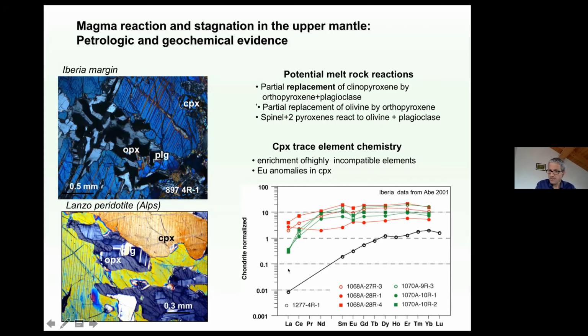And you could also see that the highly incompatible elements on this diagram, now indicated by the light rare earth elements lanthanum and cerium, are increasing in the area where we get more melt-rock reaction. So basically, if you sample your mantle rocks on the seafloor, you might be able to detect the signal and the amount of melt-rock reaction in the mantle by analyzing fresh mantle pyroxenes.